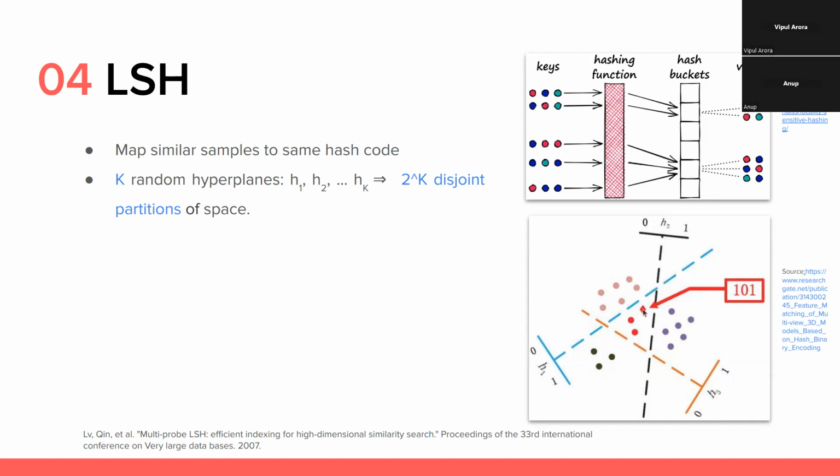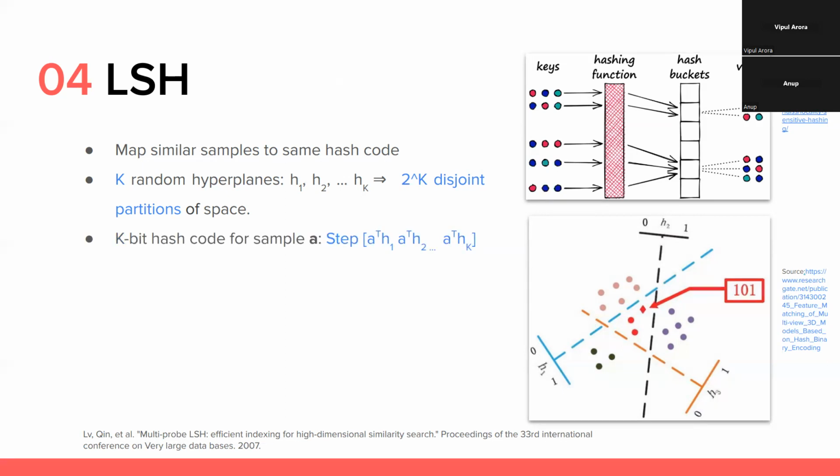The same point is above with respect to the blue hyperplane, so we assign 1. Depending on what side of the hyperplane they are located, we assign bit 1 or 0. That's how we do binarization of these samples.